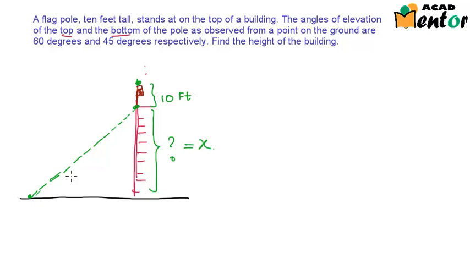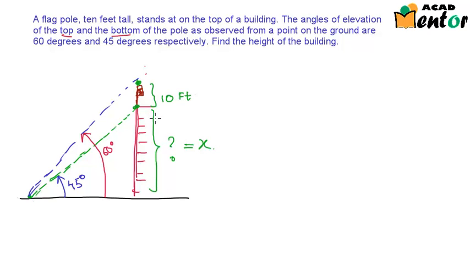So if this is the line of sight for the bottom of the pole, then this angle is 45 degrees. And if this is the line of sight for the top of the pole, then this bigger angle would be 60 degrees.